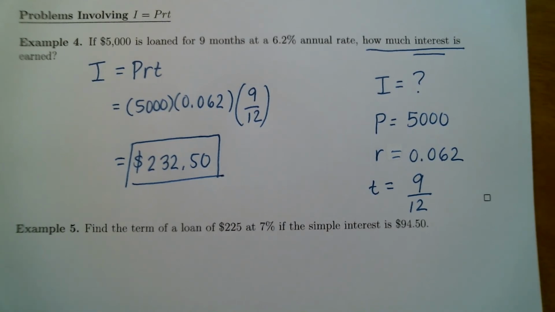If you did some kind of calculation and got a number way big, like $3,000, that's not going to make sense. Would you pay $3,000 in interest on a $5,000 loan? Or if you got something more than $5,000, that's totally not right. So you can do little things to say, is this answer reasonable or not? Okay, so that's how you do the first problem.